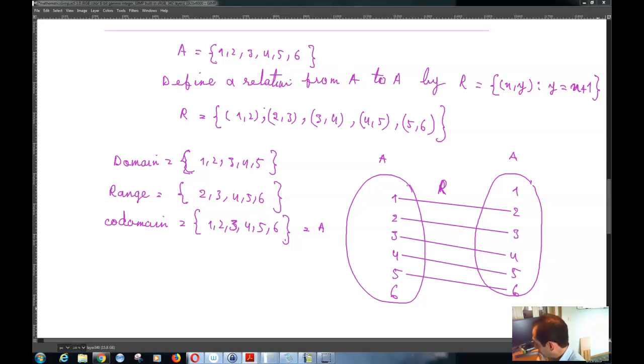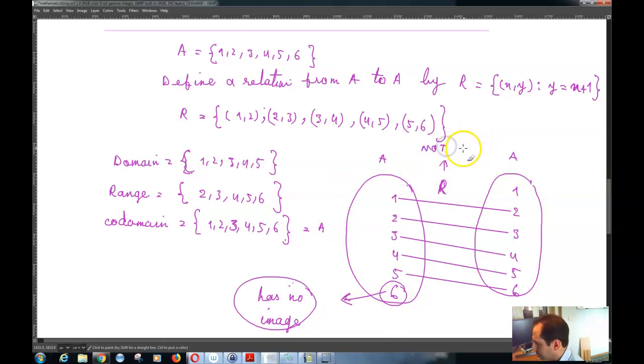Looking at the previous examples, the relation in example 7 is not a function, because the element 6 has no image. Since there is one element that has no image, this R is not a function.